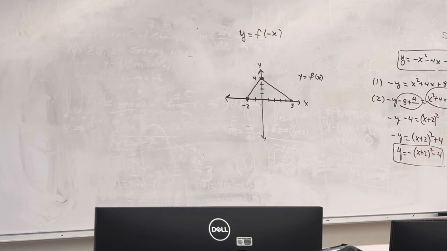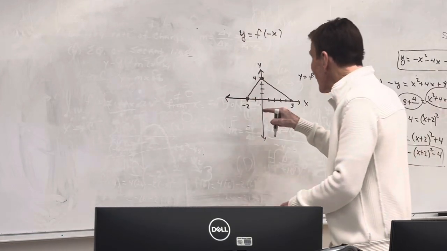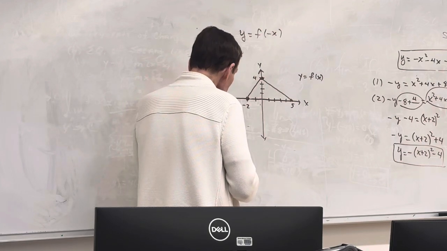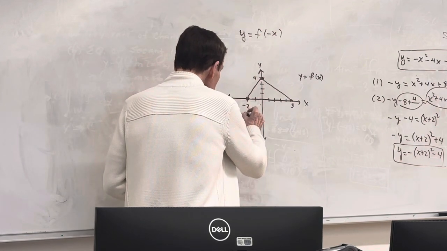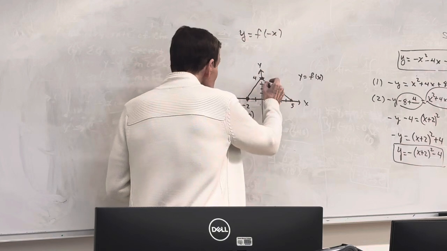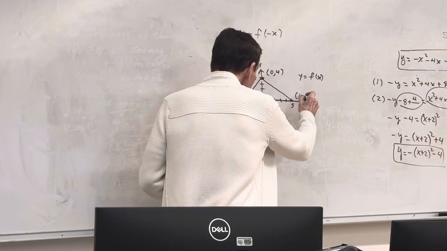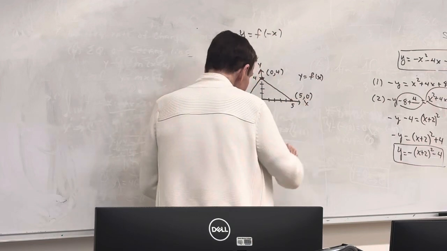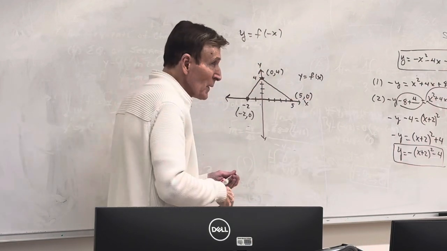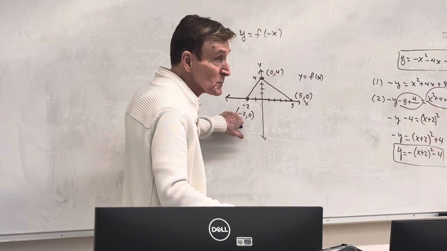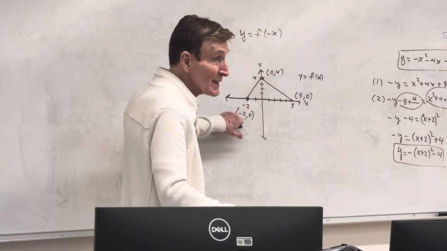Let's see what happens. Billy, I'm going to put this in green. My first x value, I better be careful here myself. This was -2, 0. This is 0, 4. And I made it fairly easy here. This is 5, 0. So she's telling me, Professor, multiply all the x coordinates by negative. If I do, this now becomes what? Positive 2, 0.